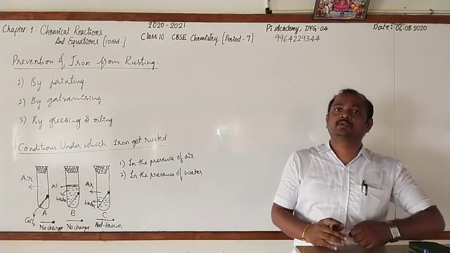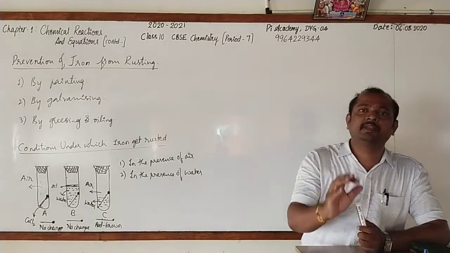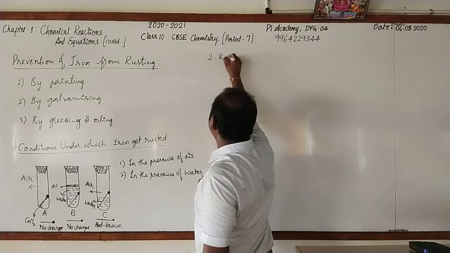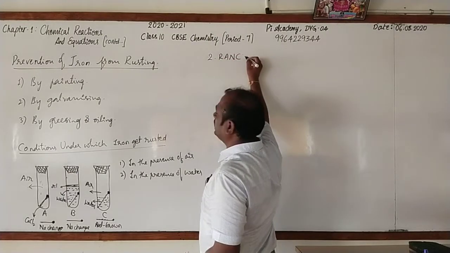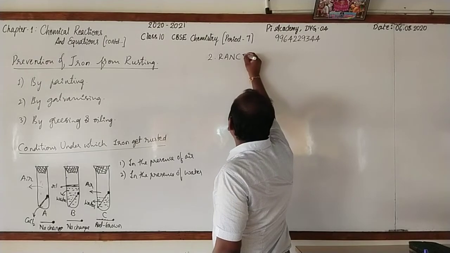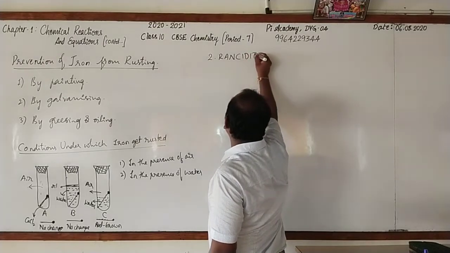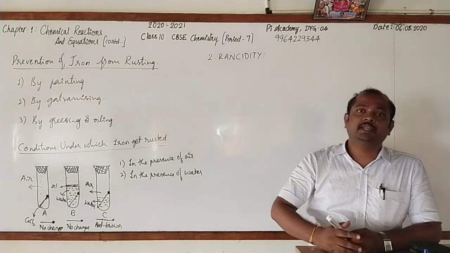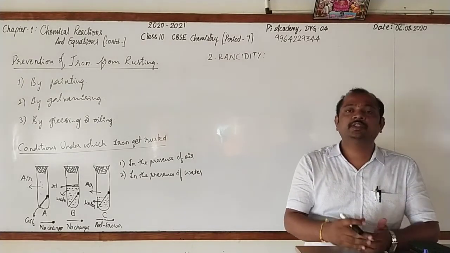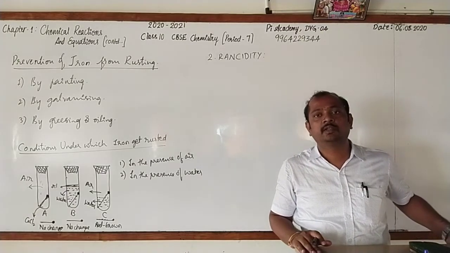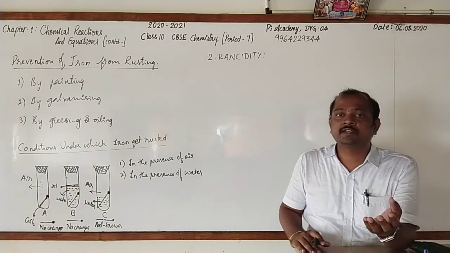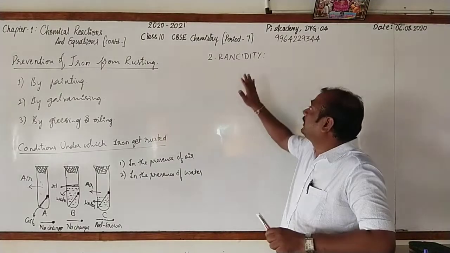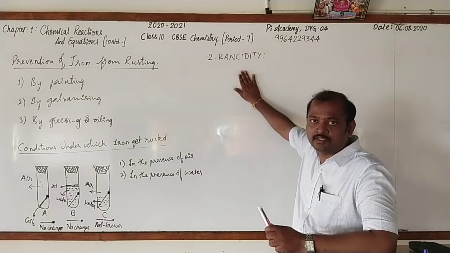Dear students, I have already told you another important common effect of oxidation. It is rancidity. When do you say a food is rancid? There are some food items which contain fats and oil. When they are exposed to the atmosphere, they produce an unpleasant smell and lose their taste, and we call this condition rancidity.